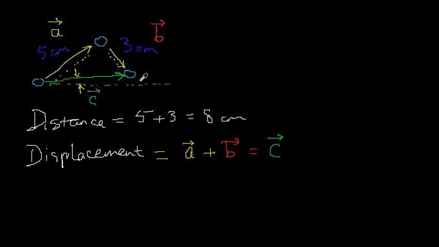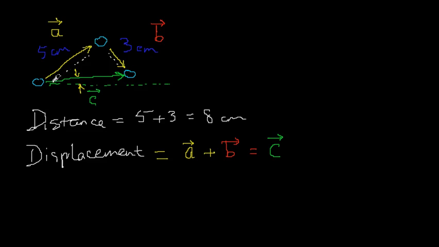So it is a kind of troublesome way. It's a lot more hassle than just adding two numbers. That's kind of expected, because after all, vectors have more information than just two numbers, than just 5 and 3.